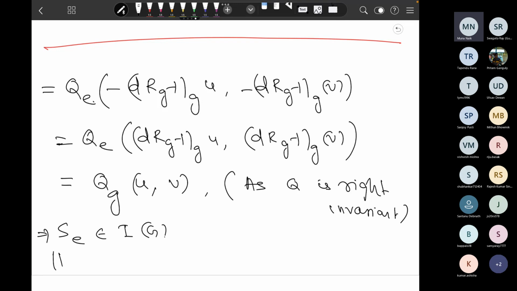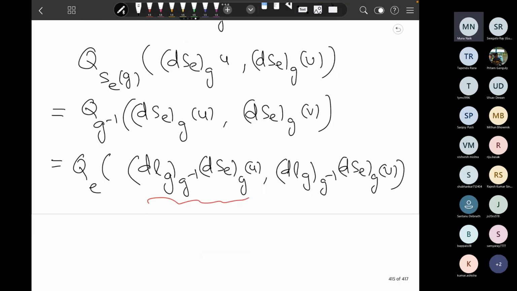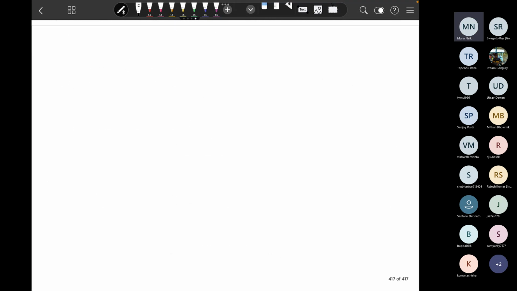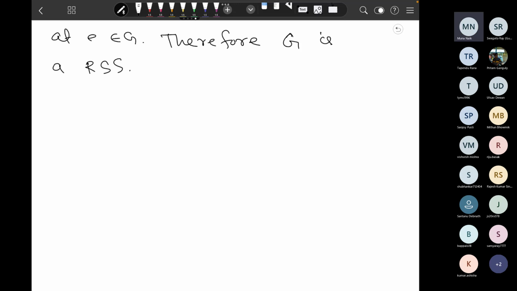Hence S_e is a geodesic inversion at e. Therefore, G is a Riemannian symmetric space.